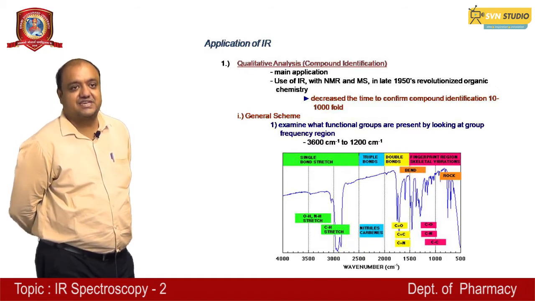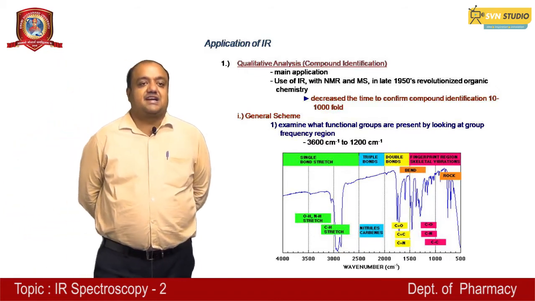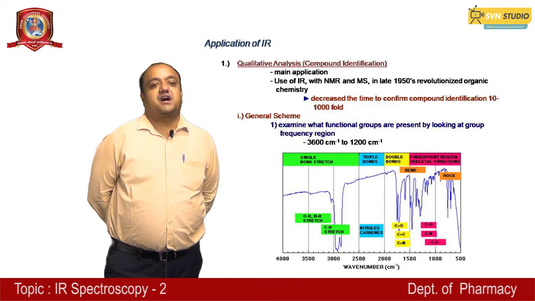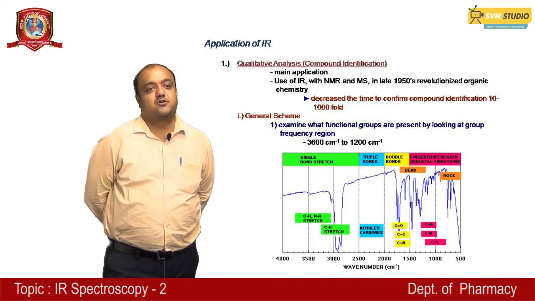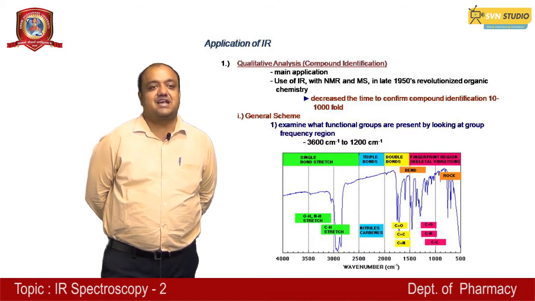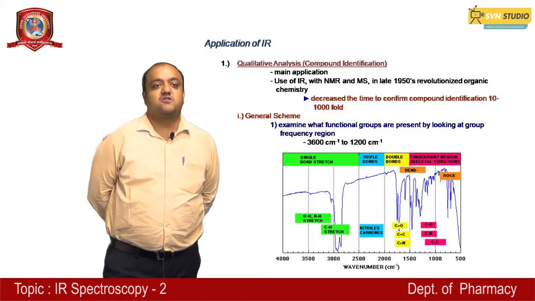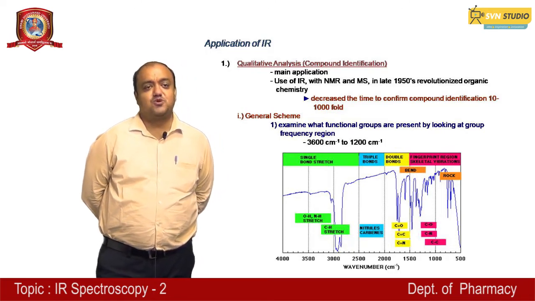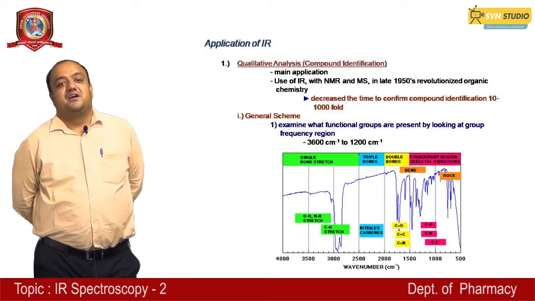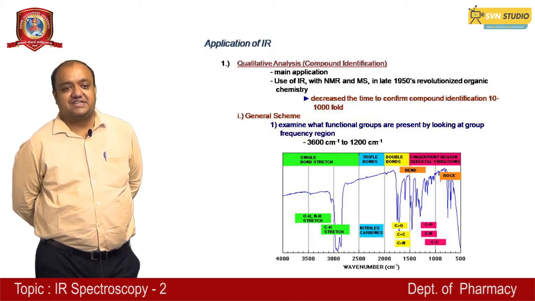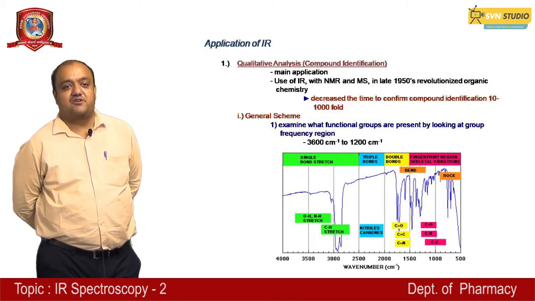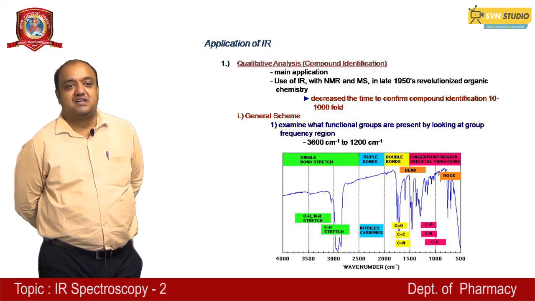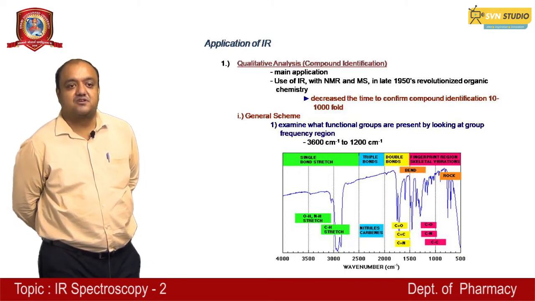In general schemes, they examine what functional groups are present by looking at group frequency regions, like 3600 cm⁻¹ to 1200 cm⁻¹. This region is mostly used in functional group determinations like the carbonyl group, carbon-carbon double bond, C-O stretching, O-H stretching, and other groups.